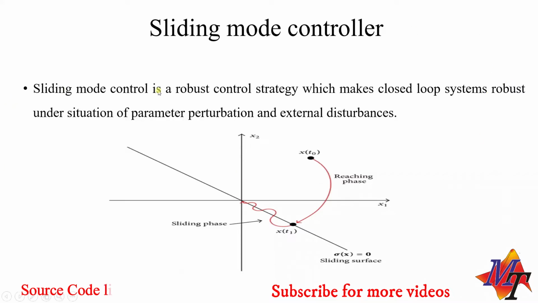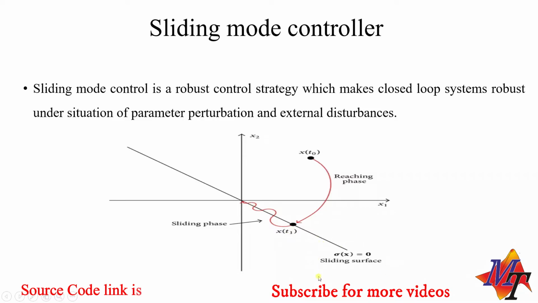For that, we design a sliding mode controller, which is one of the popular robust control strategies. In this type of control strategy, we have the system state and there are two phases. In the reaching phase, we force the system state to reach the sliding surface, and in the sliding phase, we make sure that the system state remains on that sliding surface and finally reaches its equilibrium point, which is the desired control action.